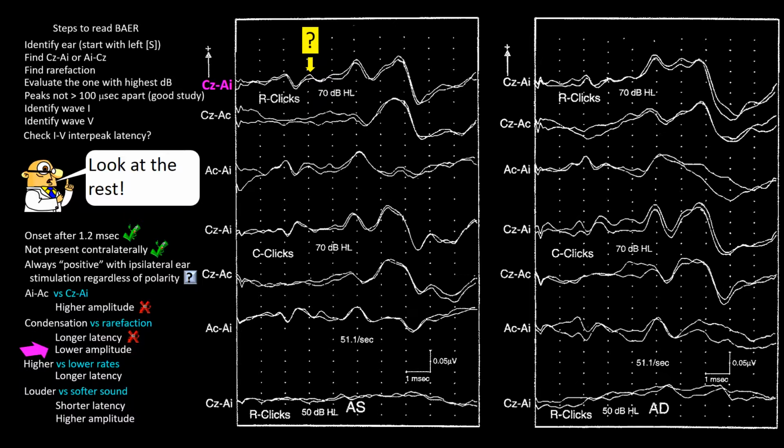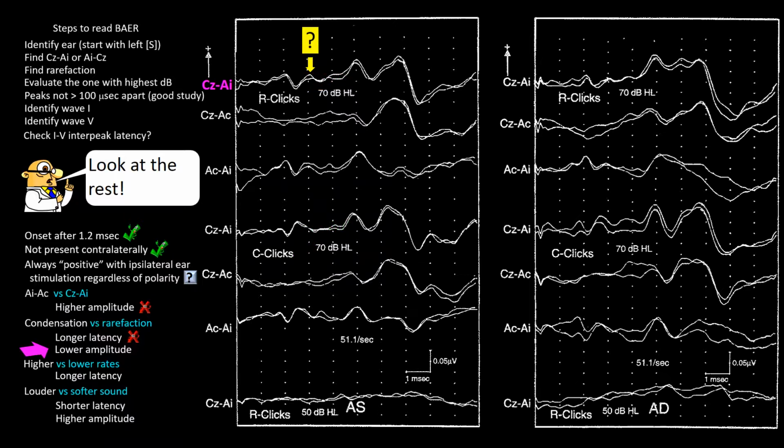Next, we look to see during condensation if the amplitude of the wave is lower than during rarefaction. The wave during rarefaction is 0.29. During condensation, the wave is 0.1.